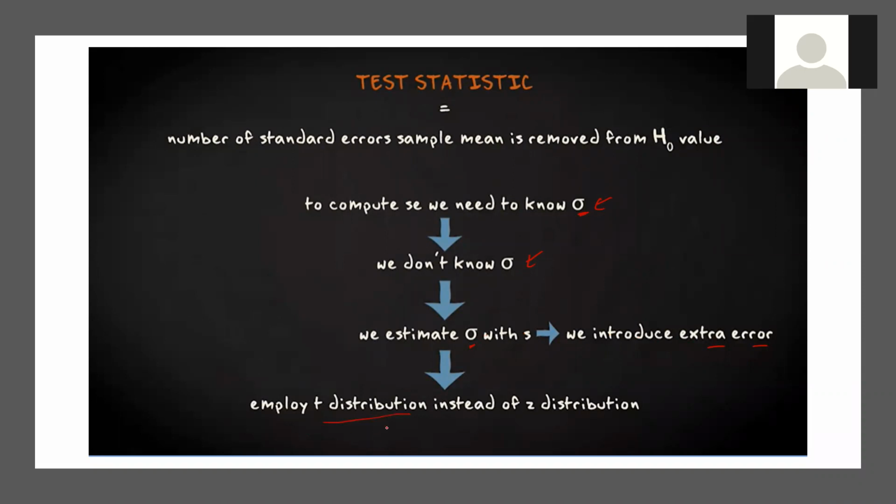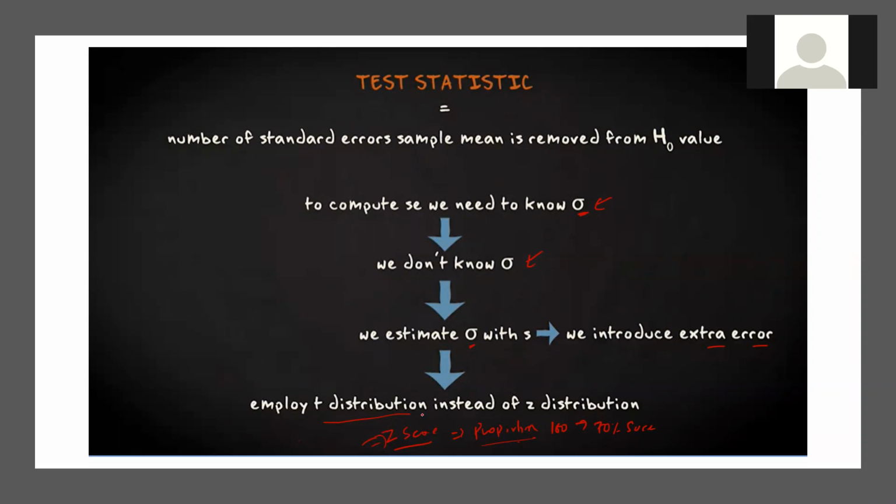We don't use Z score here because Z score is only used for proportion of data. So out of 100%, 70% success. Whenever we have a proportion of data, then we use Z score calculation.